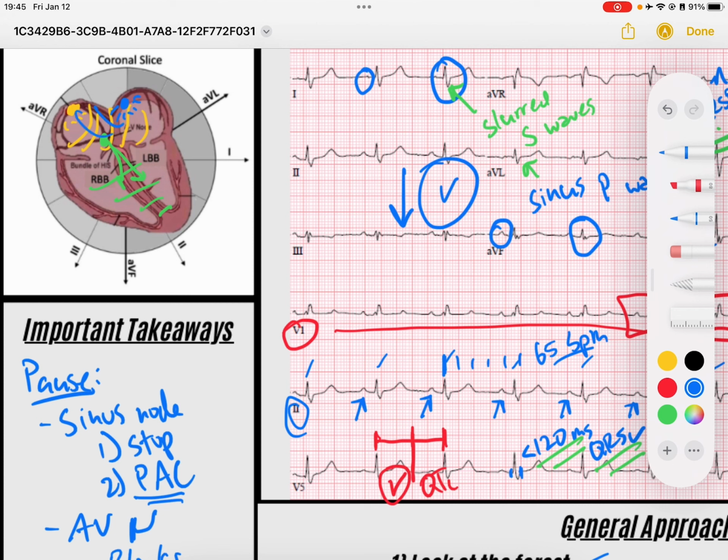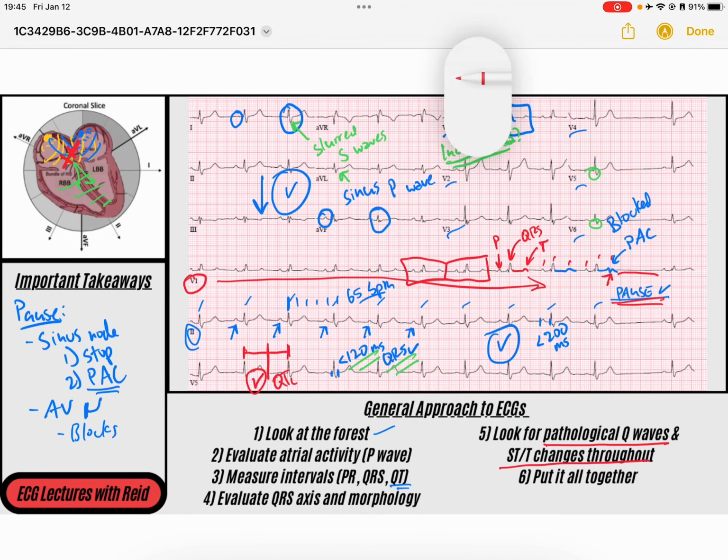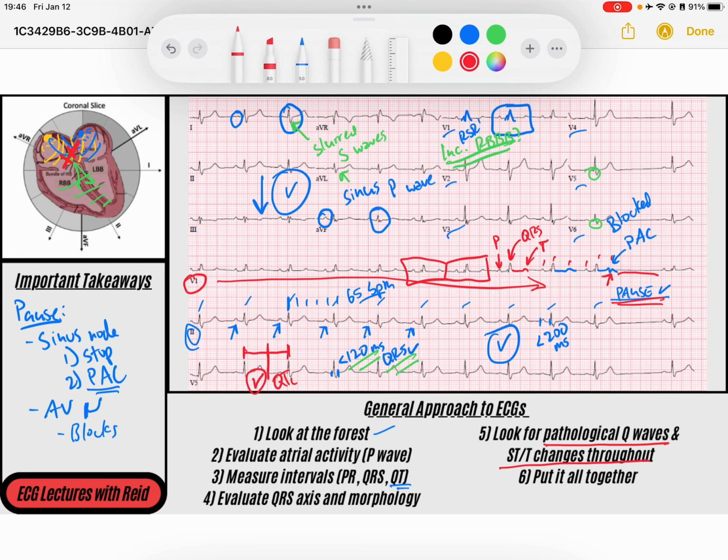It depolarizes the atria, but the AV node was not ready yet. And because of that, the AV node was unable to conduct that signal and blocked it. And so that's explaining our pause. And then you see at the end of the pause, our P wave picks back up, conducts to our QRS, and we're back into our normal rhythm.